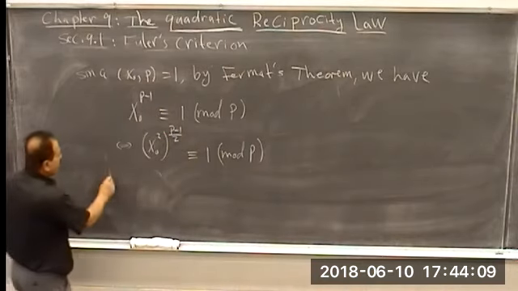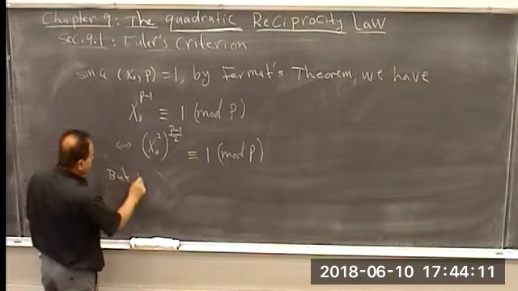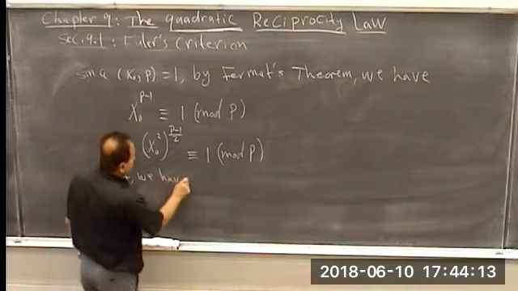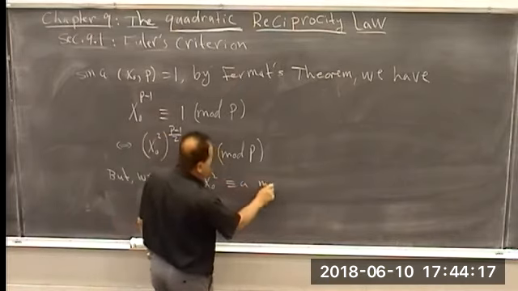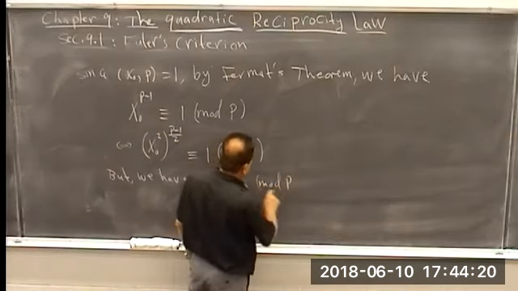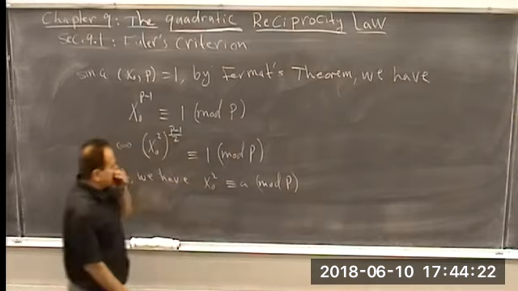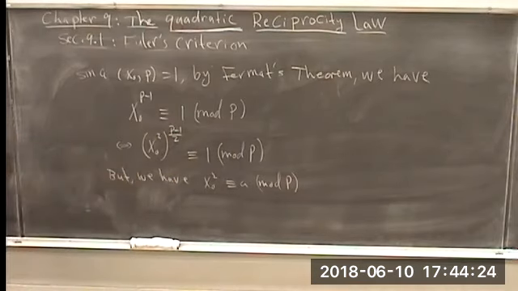But we have x sub 0 squared is congruent to A mod P. Remember, because we have assumed that A is a quadratic residue and x sub 0 is a solution.